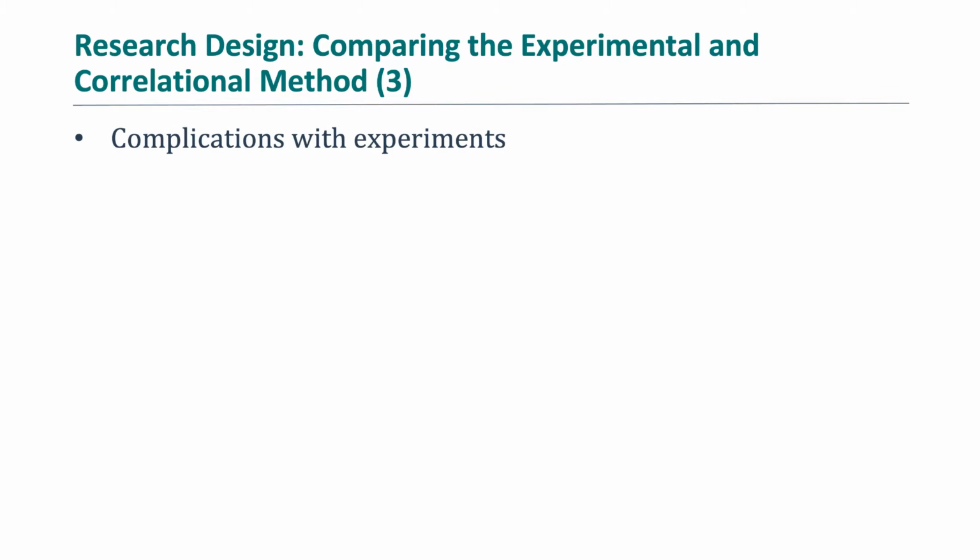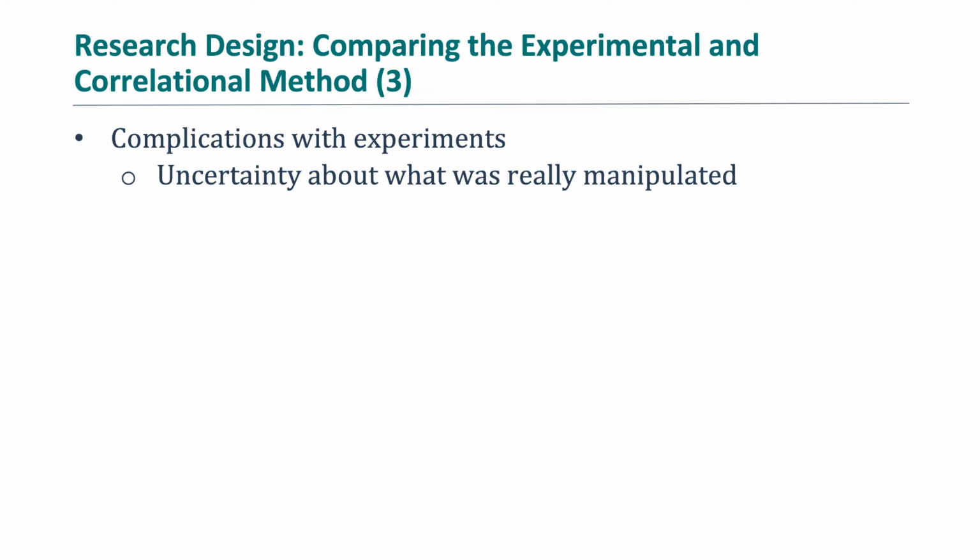Now, I will say that there's complications with experiments. There's uncertainty about what's really being manipulated. So manipulations may affect a variable other than the one intended, right? So maybe you're measuring competence instead of power, right? So that's something to keep in mind.